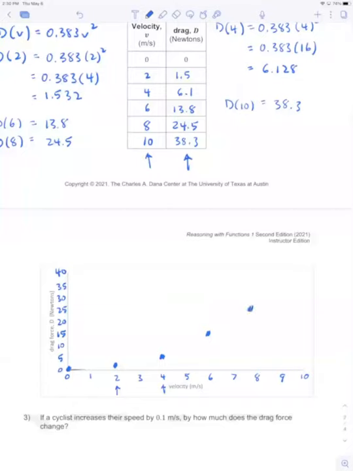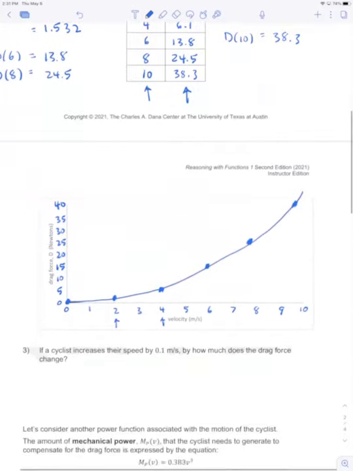And then finally 10, and then 38. So it's going to take us up pretty close to the top. And then what we want to do is connect these dots with a smooth curve. There we go.